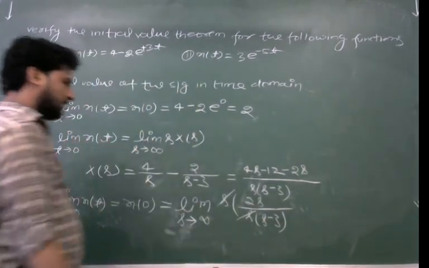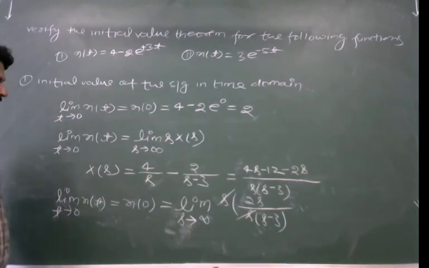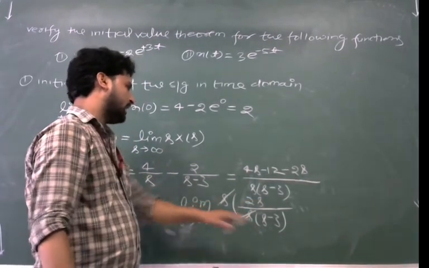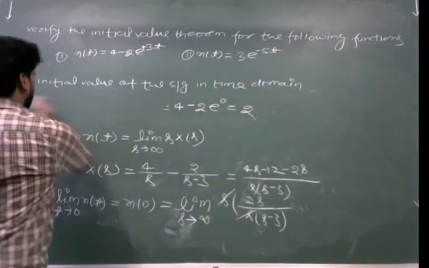This s and this s will cancel each other, and now we will divide both numerator and denominator by s.